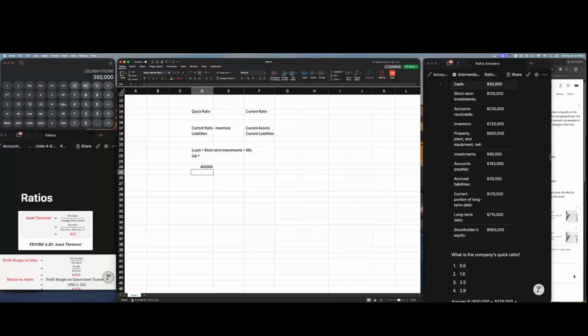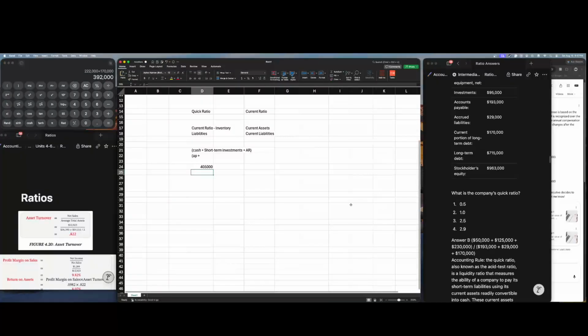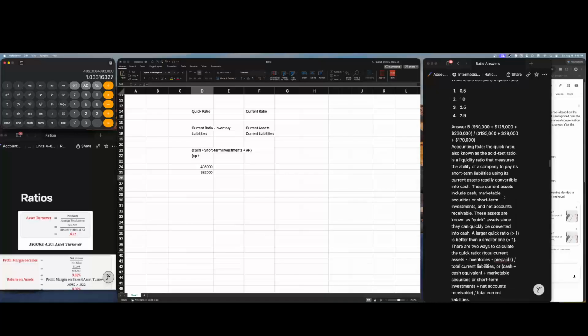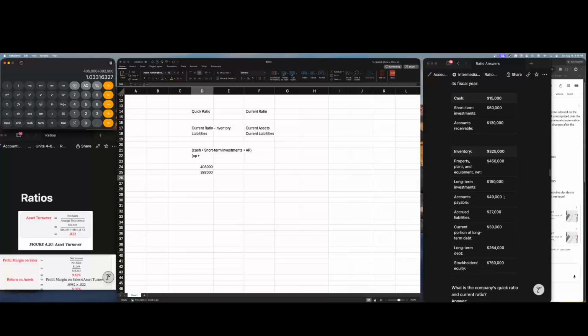Well, I'm not exactly sure if it's current liabilities. So 405,000 divided by, that's 1.03. So that's the quick ratio.